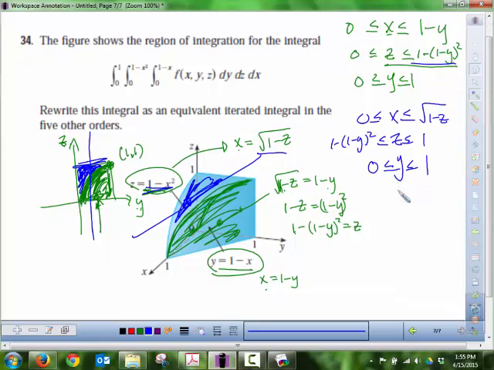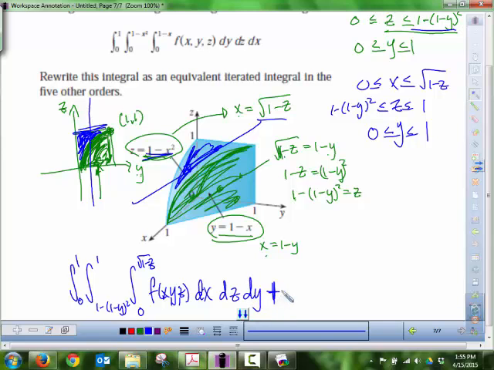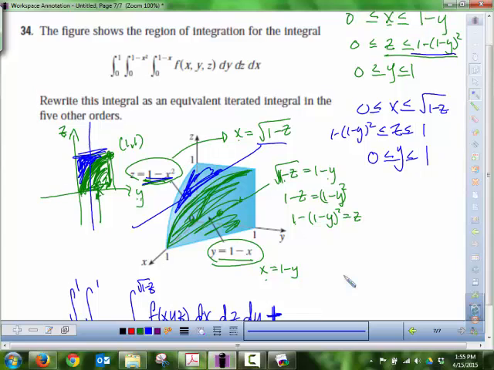So my answer for this would be the integral from 0 to 1, integral from 1 minus y squared to 1, and then my integral from 0 to square root of 1 minus z of the function with respect to x first, and then with respect to z, and then with respect to y, plus my other integral.